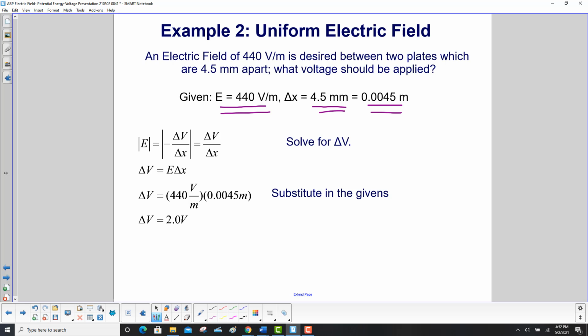And once again, we're just looking for an absolute voltage, so we take the magnitude here, which is the absolute value of both sides. We multiply both sides by delta x because we want to solve for delta V. And we have delta V is equal to the electric field times the distance between the plates, and we get a voltage difference of 2.0 volts.